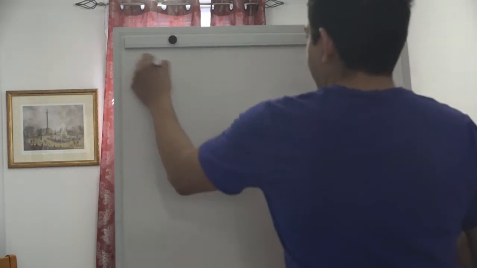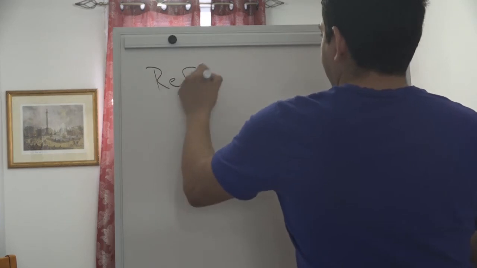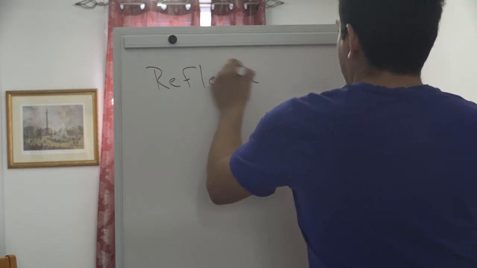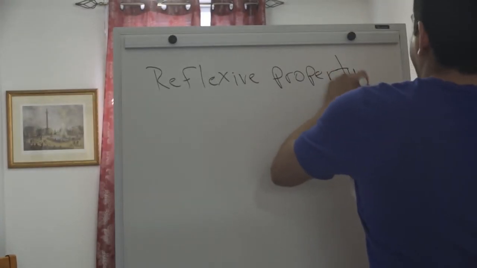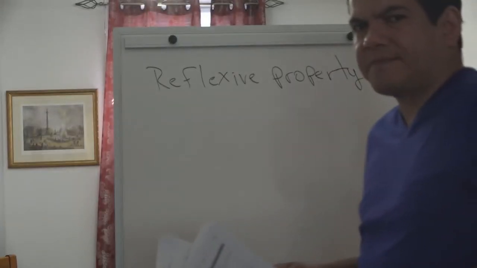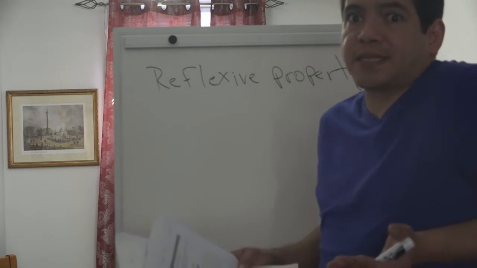The first property that we're going to be looking at is the reflexive property. Now, what does that say? It's a silly property.